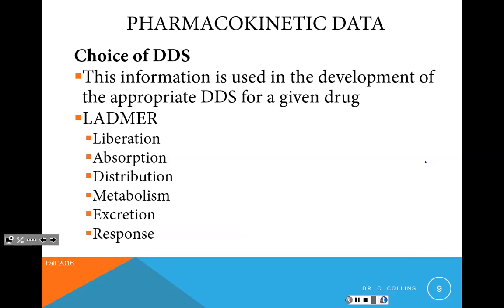So what you would need is information about the drug's interaction with biological systems in these particular areas. We need to know how much drug to put in there based upon how much actually gets in. And once it gets in, how much of it potentially reaches or needs to reach the target site.